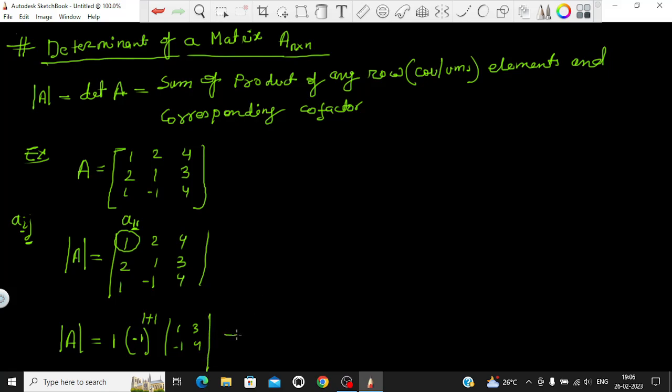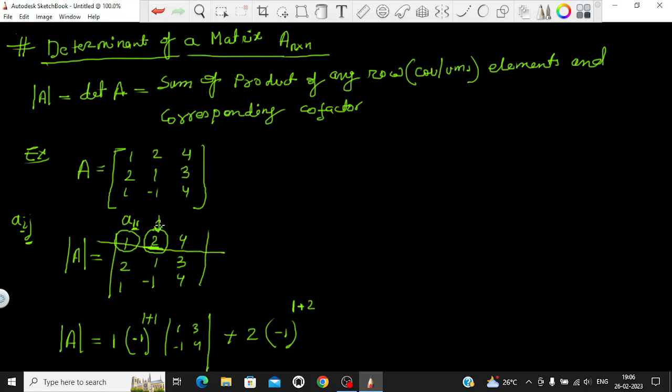Now write plus, and you take this value 2 and write 2 here, with minus 1 to the power number of row plus number of column. This element is in first row and second column, so the power is 1 plus 2.